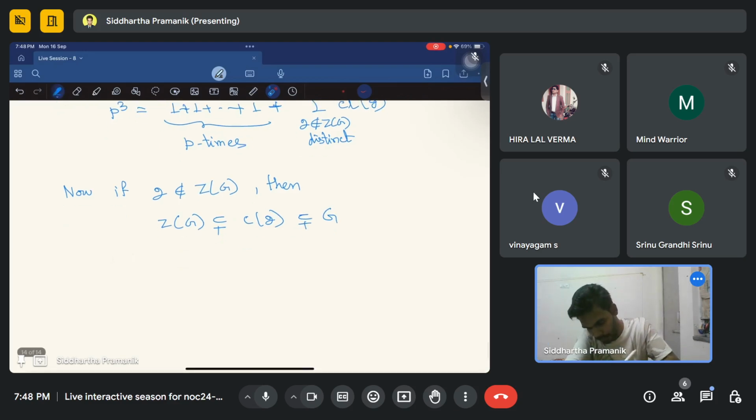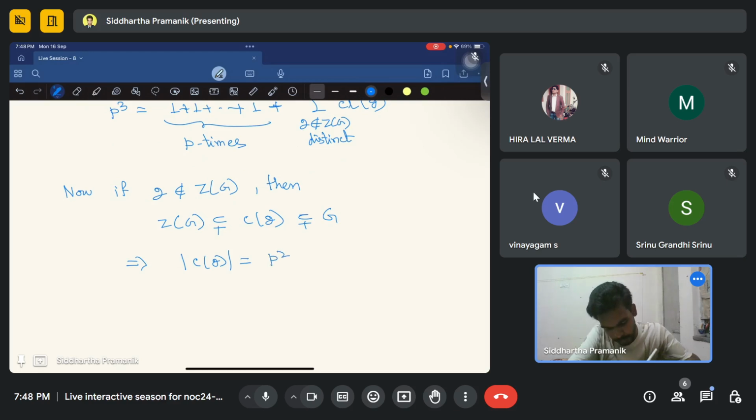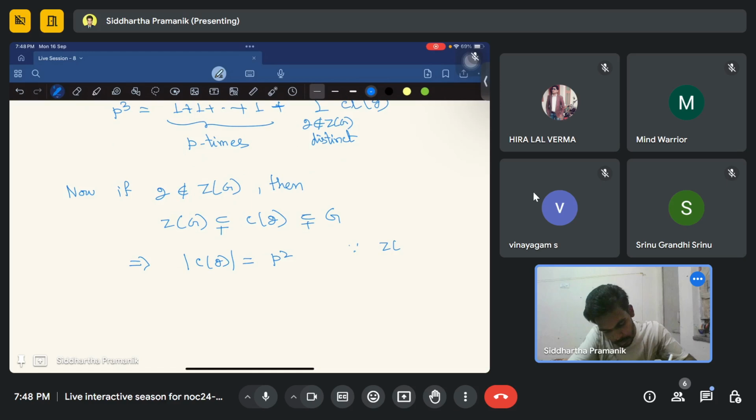Because Z(G) is a subset of C(g), the order of Z(G) is strictly less than the order of the centralizer.